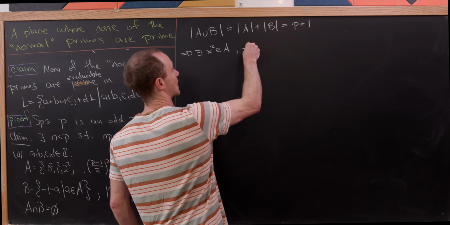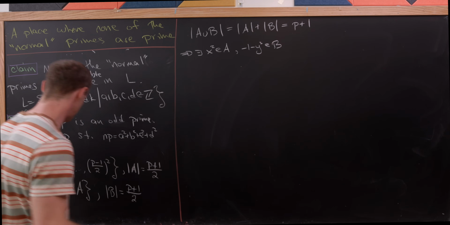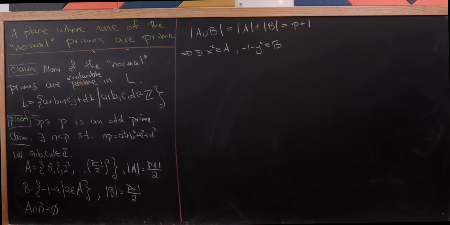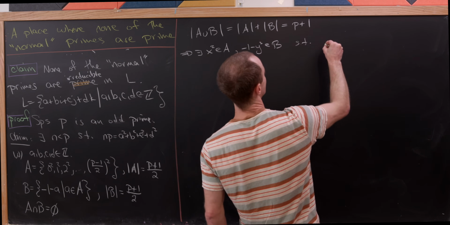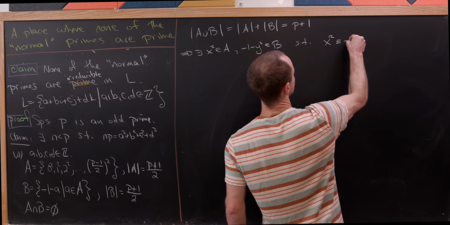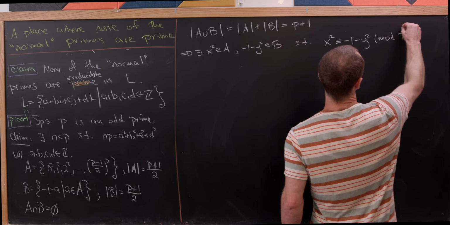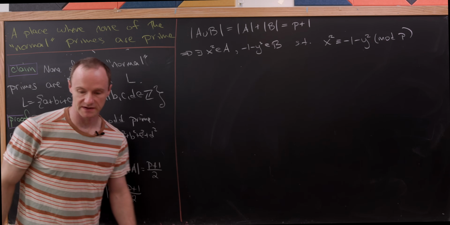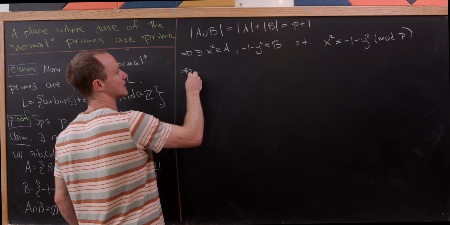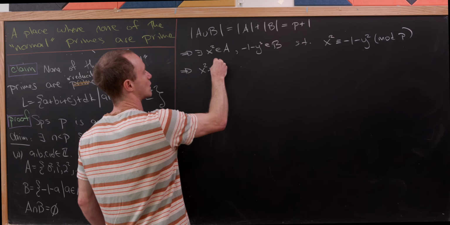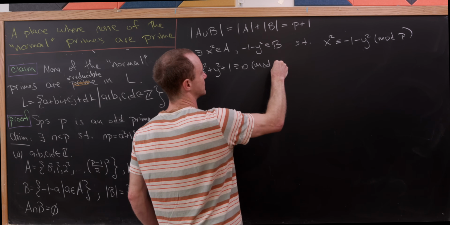And something that I'll call minus 1 minus y squared in B. I'm going to write it like that because by construction everything in B looks like that, such that we have x squared congruent to minus 1 minus y squared modulo p. But now let's observe we can move some things around here, and we get that x squared plus y squared plus 1 is congruent to 0 modulo p.